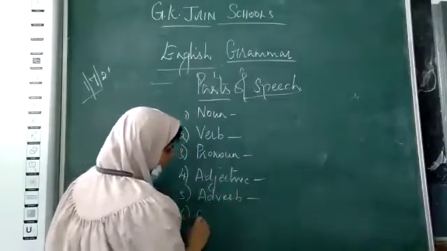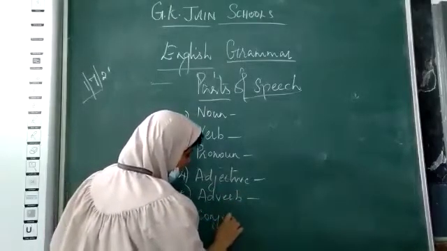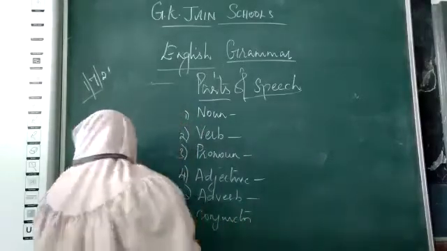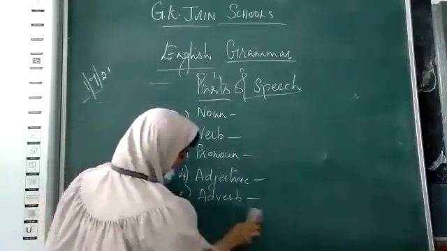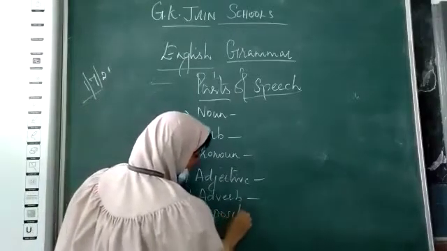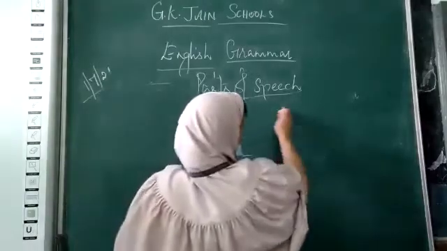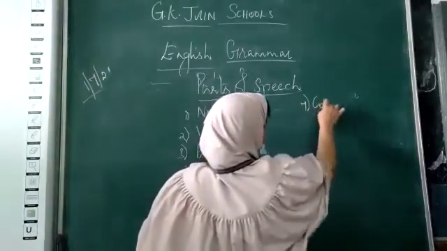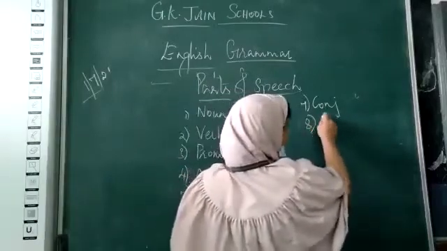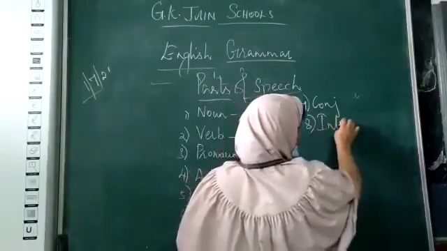Number 6 is preposition. Number 7 is conjunction. And 8, last but not the least, is interjection.